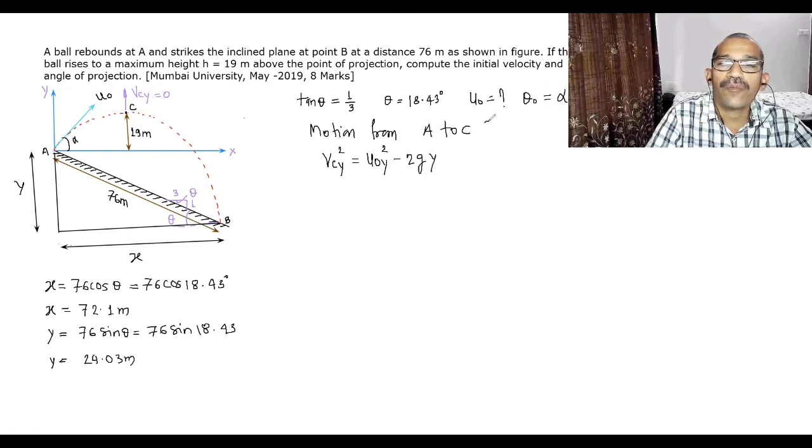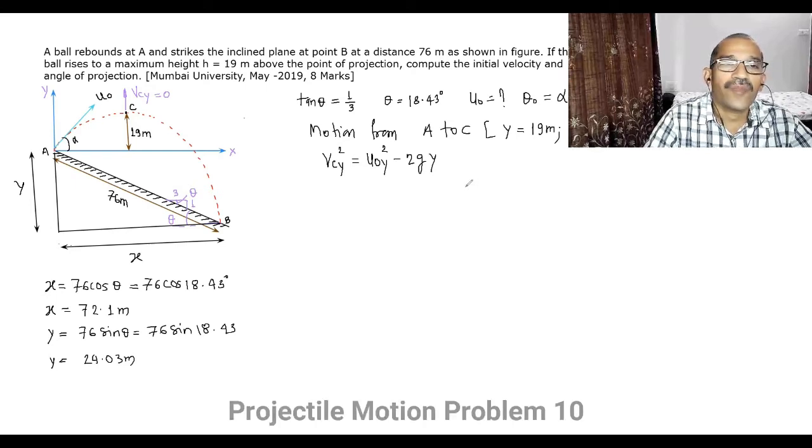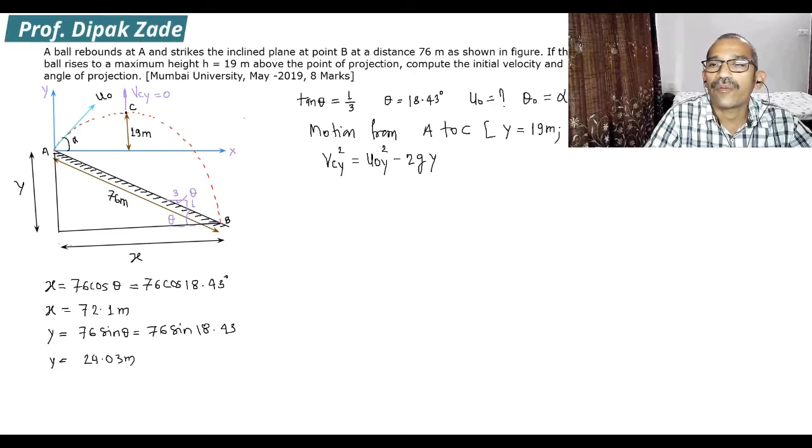For the motion from A to C, y is 19 meter, a positive value because point C is above point A. And at point C, Vcy is 0, therefore this term Vcy becomes 0.